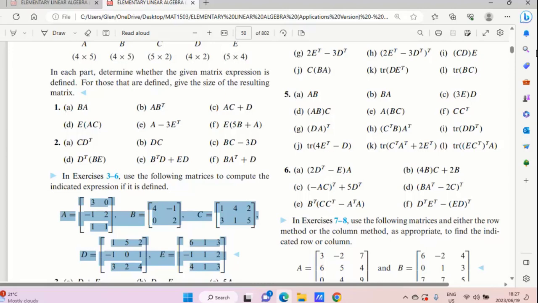Where should I go? The matrix inside the bracket, the final matrix inside the bracket. Do we agree that from 2D transpose minus E, that is the matrix that we are looking for, Lerato, if I get you clearly? Yes, that's the matrix I'm looking for.